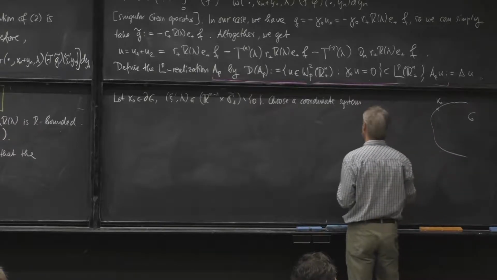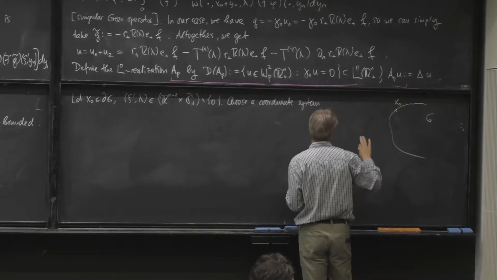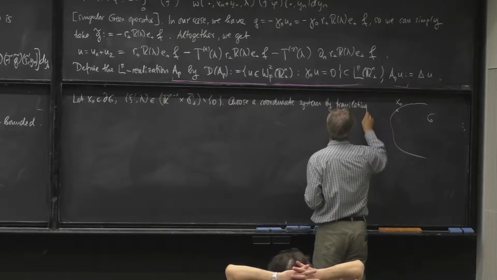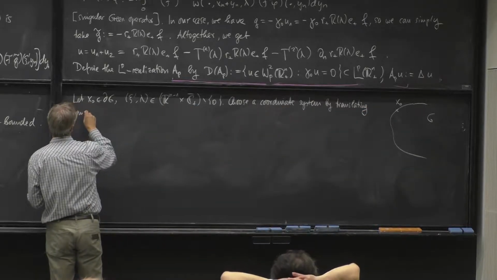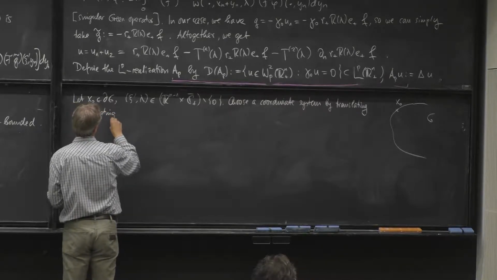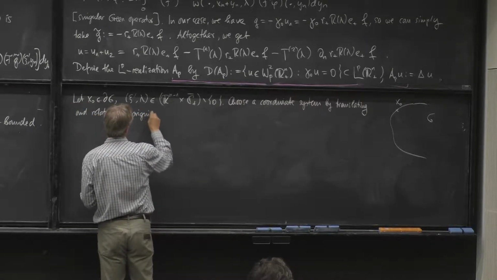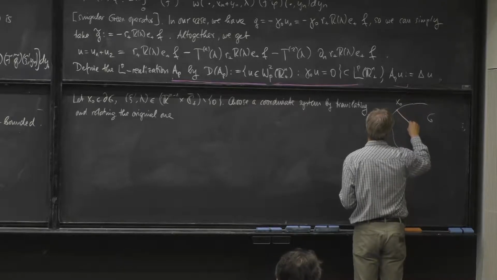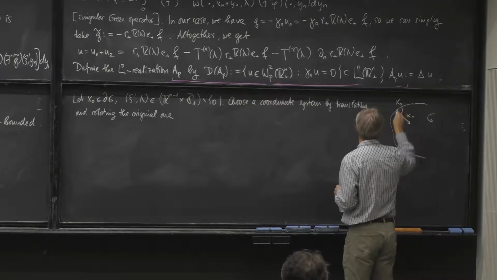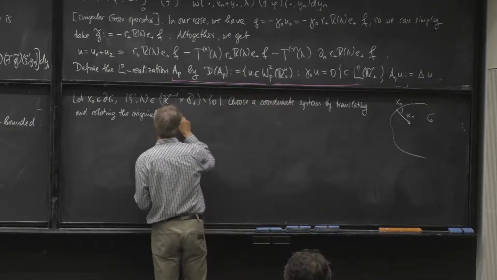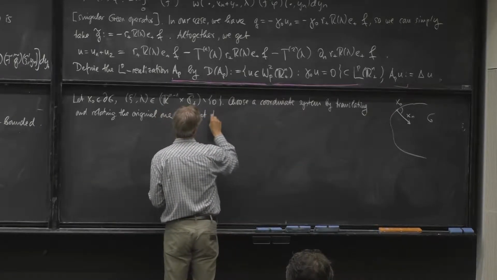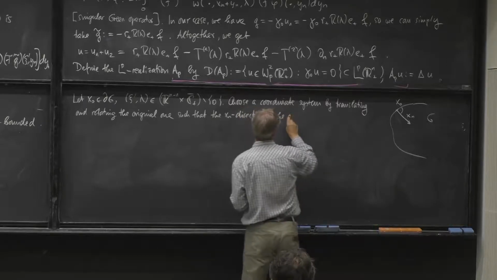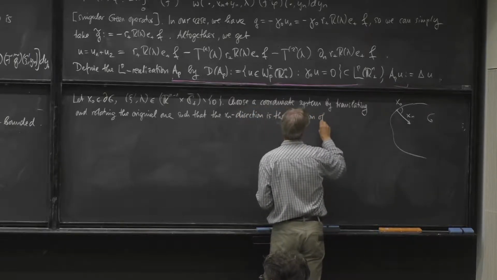I take the original coordinates, but I simply translate and rotate them, so that the x_n direction is the direction of the inner normal.